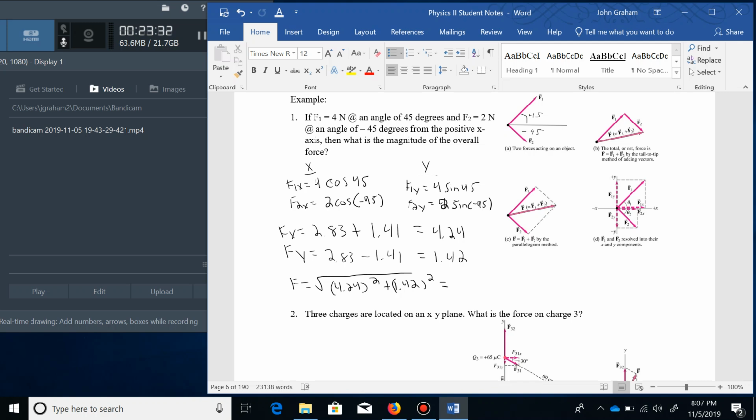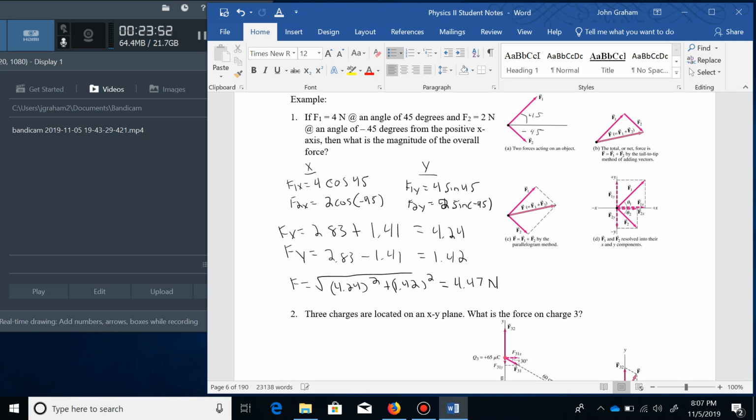Once I do that in a calculator, we get 4.47 newtons.